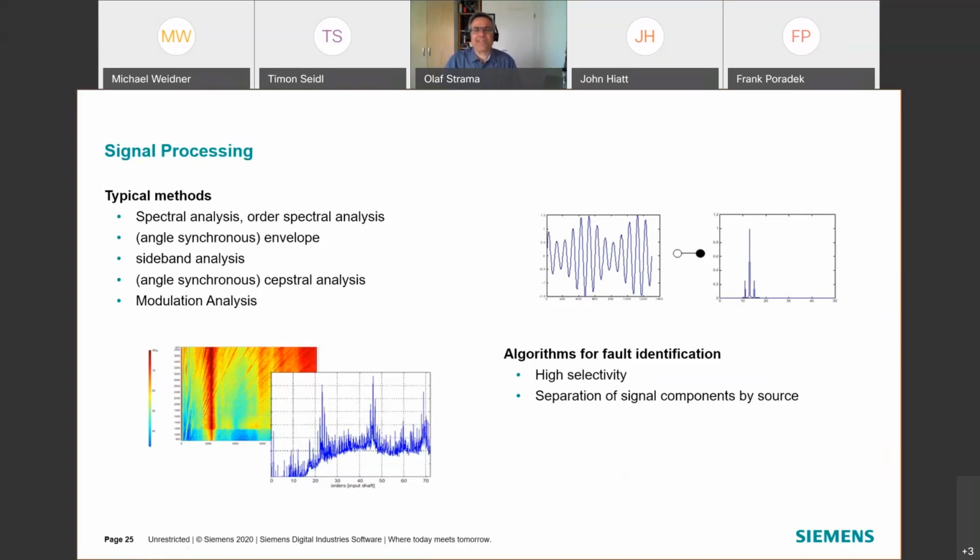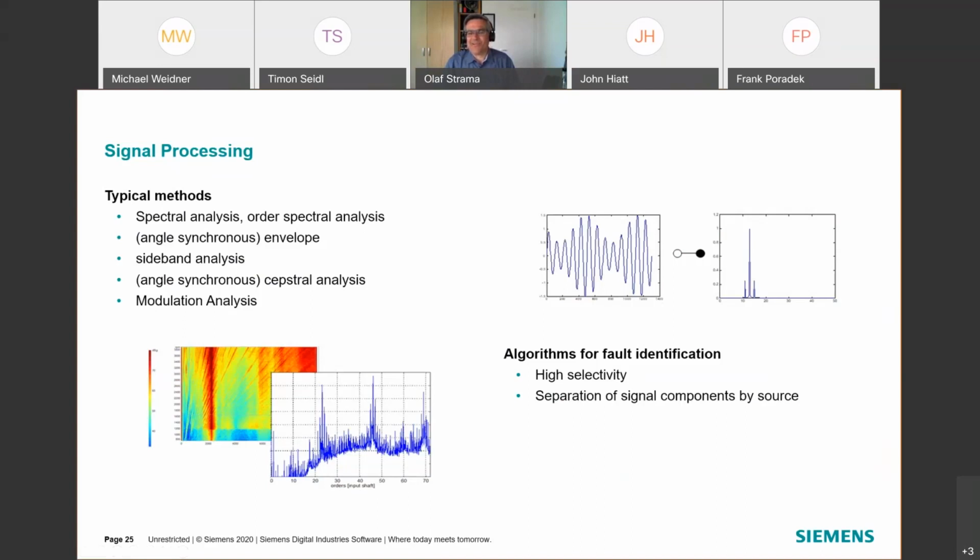Yes, and the typical methods are spectral analysis, order spectral analysis, envelope analysis, sideband analysis for modulated signals, cepstral analysis for detecting damages, and modulation analysis for deeper analysis of modulation defects.